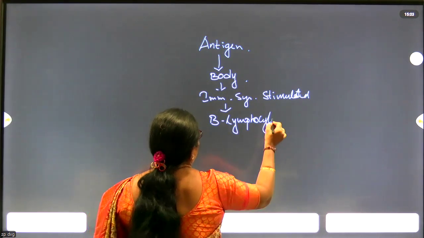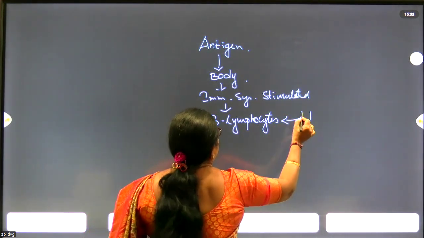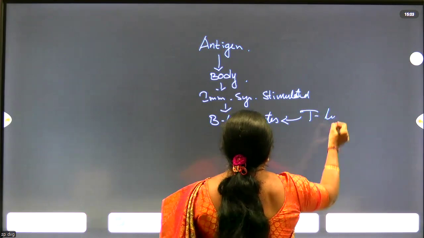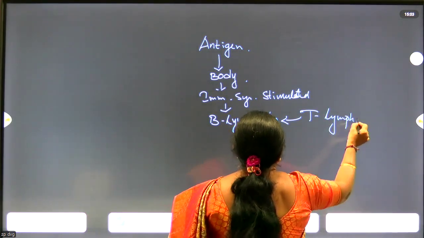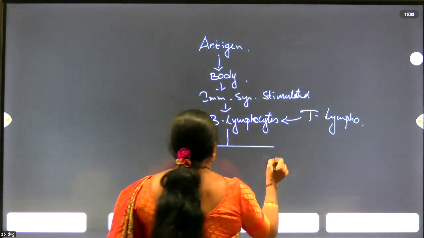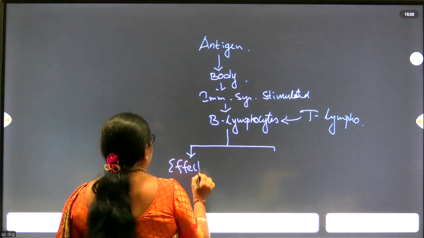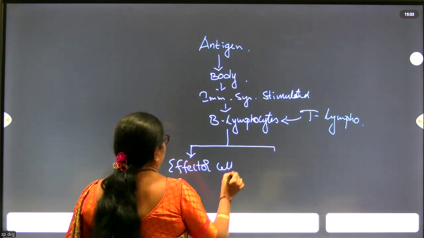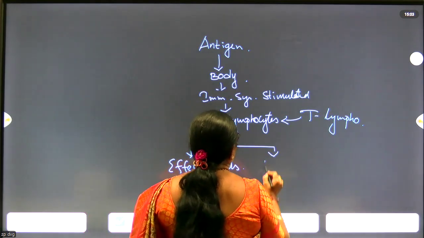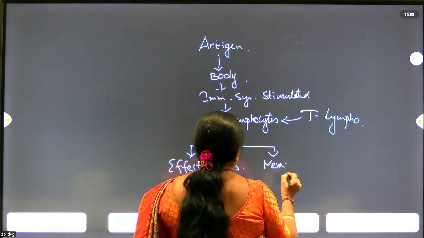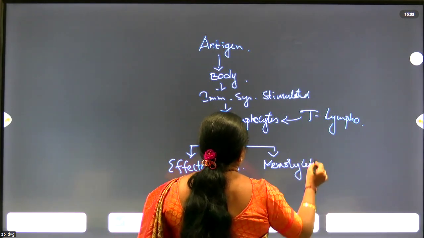They take the help of T lymphocytes and they will produce two types of cells. One is called effector cells and the other is called memory cells.